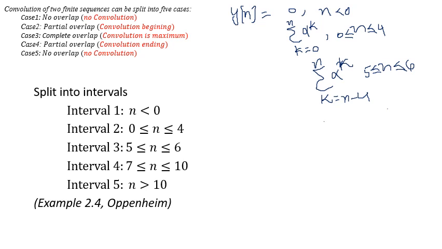Then the next expression was the summation, k running from n minus 4 up to 6, of alpha power k, and the range of n was n equal to or greater than 7 and less than or equal to 10.